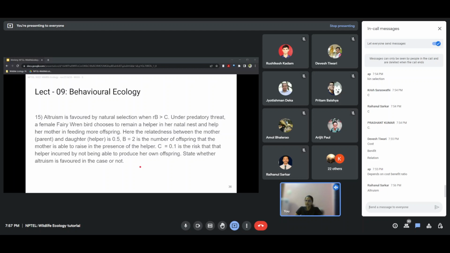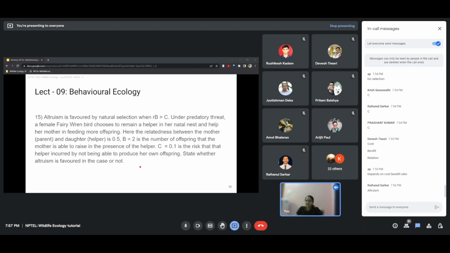So here in an example, under predatory threat, a female fairy wren bird chooses to remain a helper in her natal nest and help her mother in feeding more offspring. So you have these helper birds that continue to remain in their natal nest, which is where they hatched, and they help the parents raise more offspring rather than go and set up a new nest of their own. So this is an act of altruism.